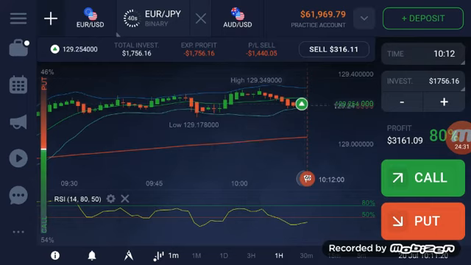Went to the put trade there. The red candle before this one looked very weak, so I thought it was gonna go up.